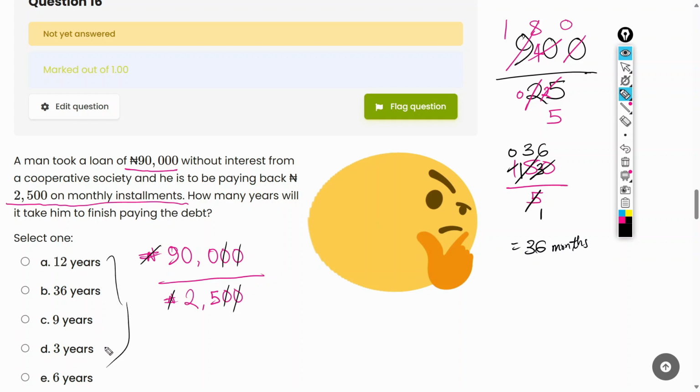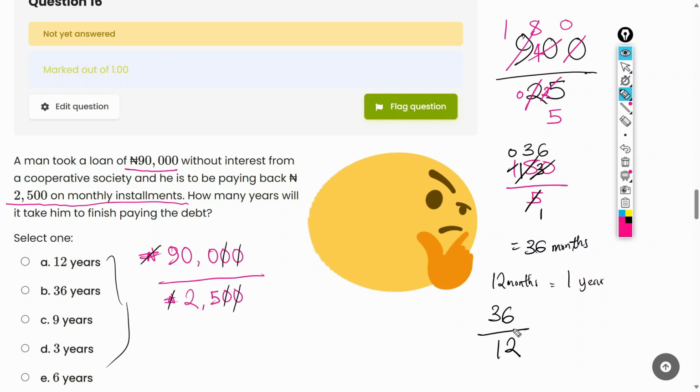All our answers are in years. So we need to change 36 months into years. We would recall that 12 months is equal to 1 year. So 36 months will be equal to 36 divided by 12 years.